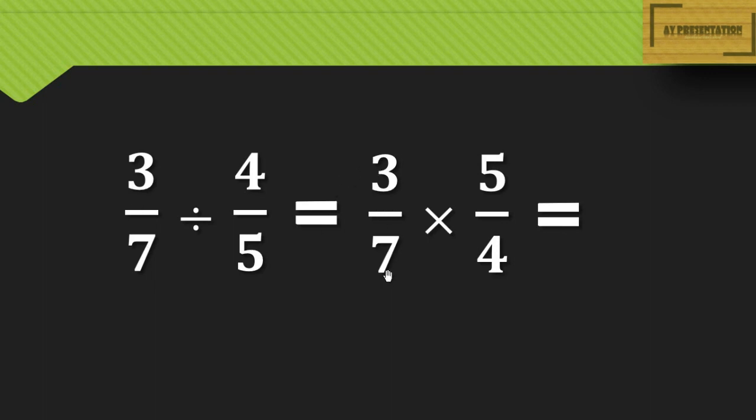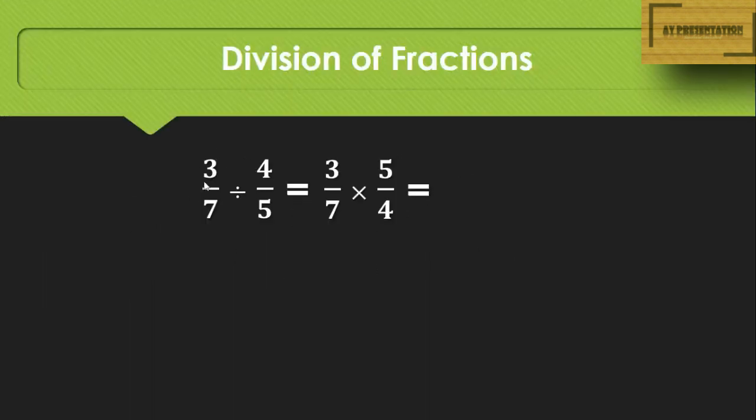Then convert the divide sign into multiplication, and write the fraction 4 upon 5 inverted. That operation is converted to multiplication. So 3 multiplied by 5 is 15 and 7 multiplied by 4 is 28.